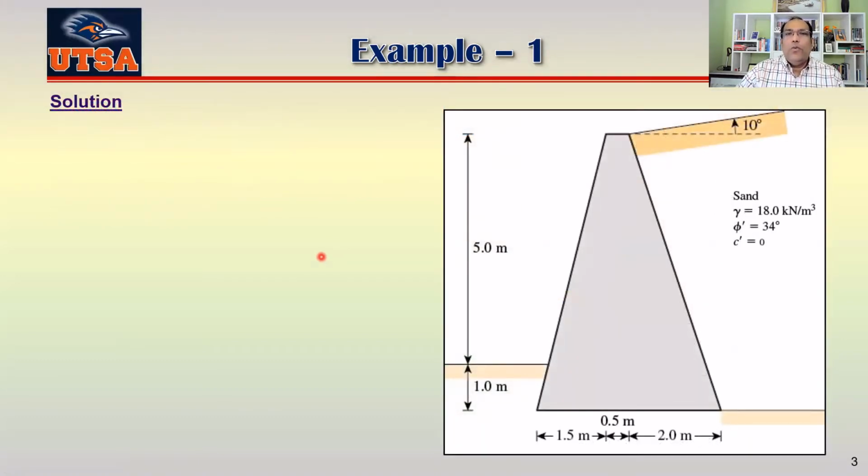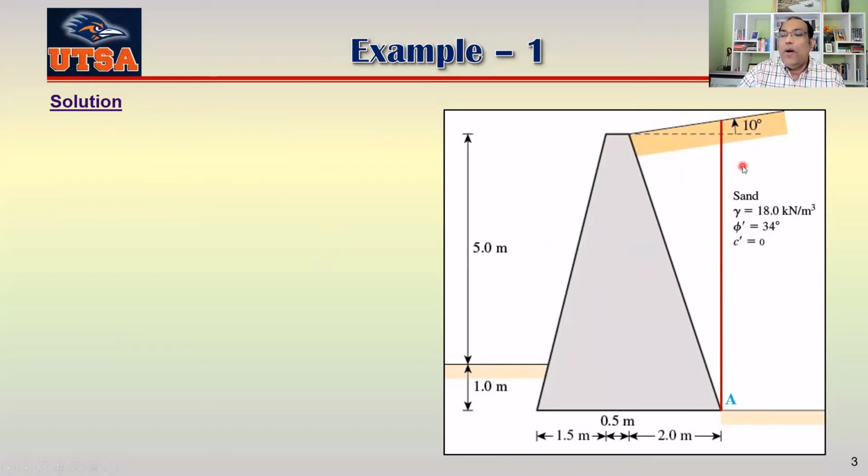So according to Rankine's method, you have to find this point here, which is A, and then draw a vertical line through A all the way to the surface of the soil.